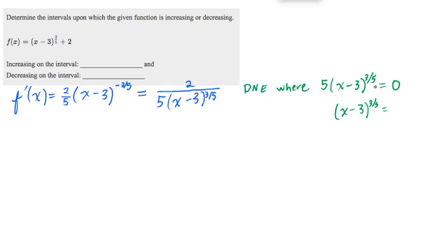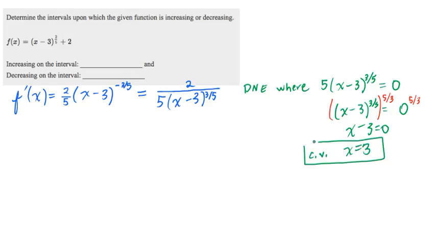Then if we raise both sides to the 5/3 power, 0 to the 5/3 is still 0. That just means cube root of 0 raised to the 5th power. So we get x minus 3 equals 0, or x equals 3. So that is a critical value or a critical point of this function.